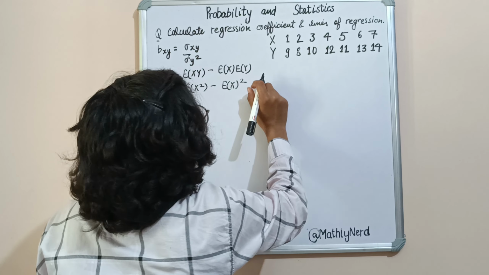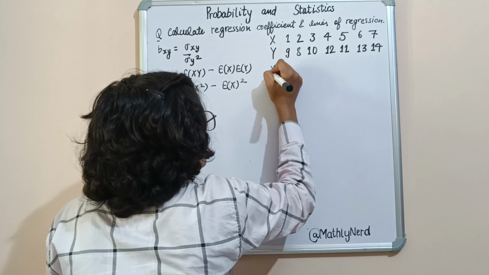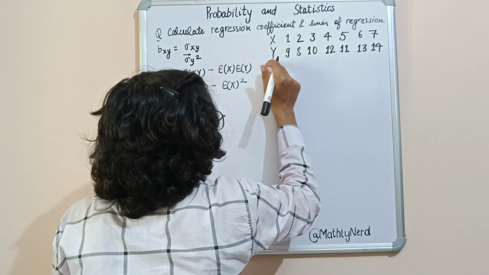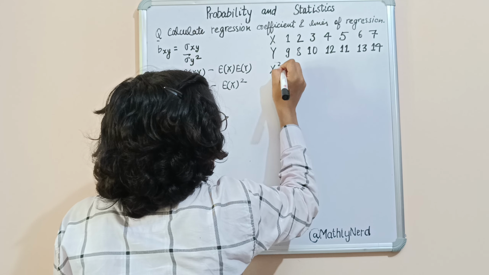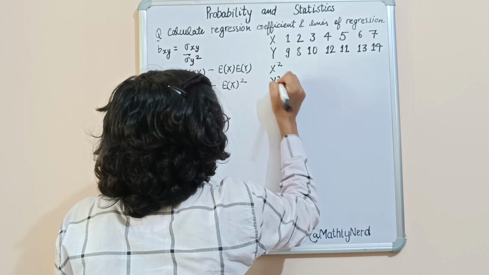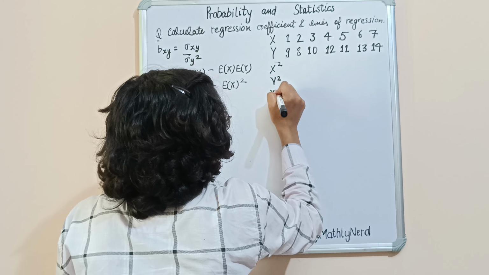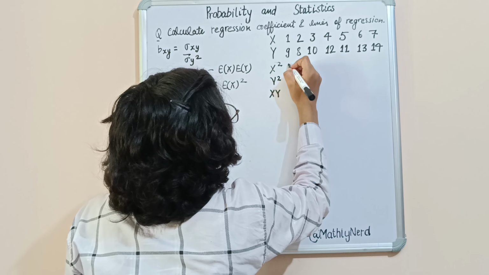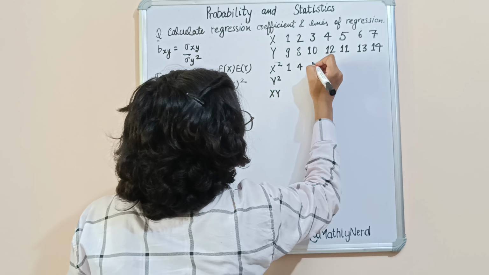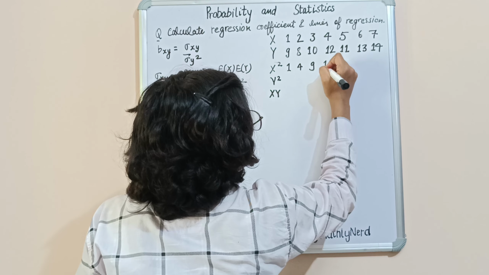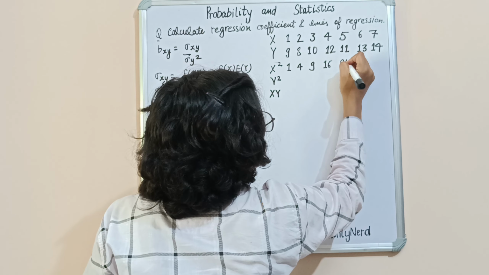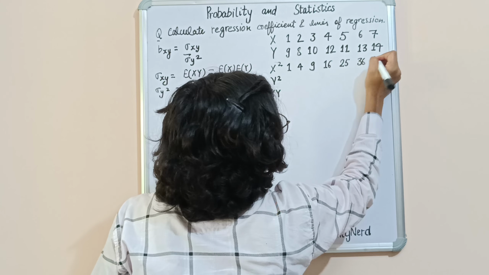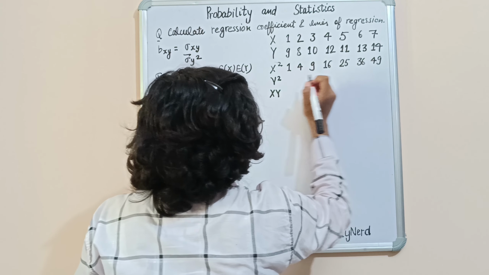Now we will find the values for x square, y square and xy. Now x square will be 1, 4, 9, 16, 25, 36, 49.